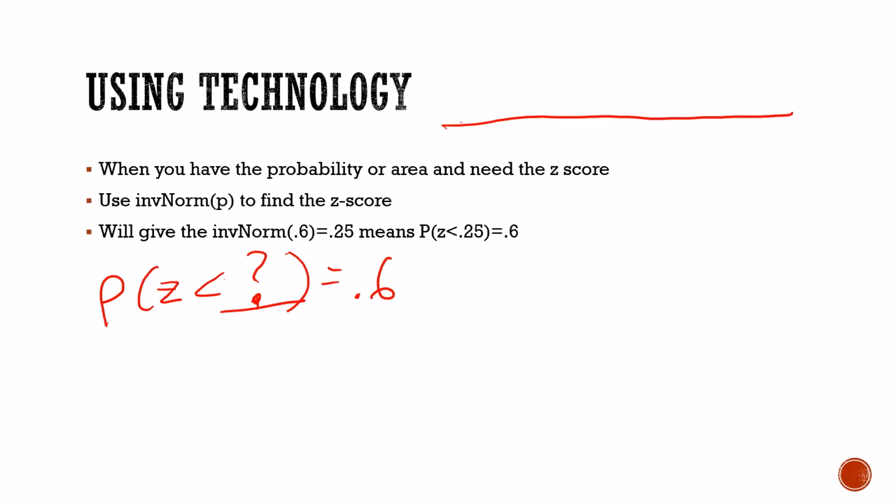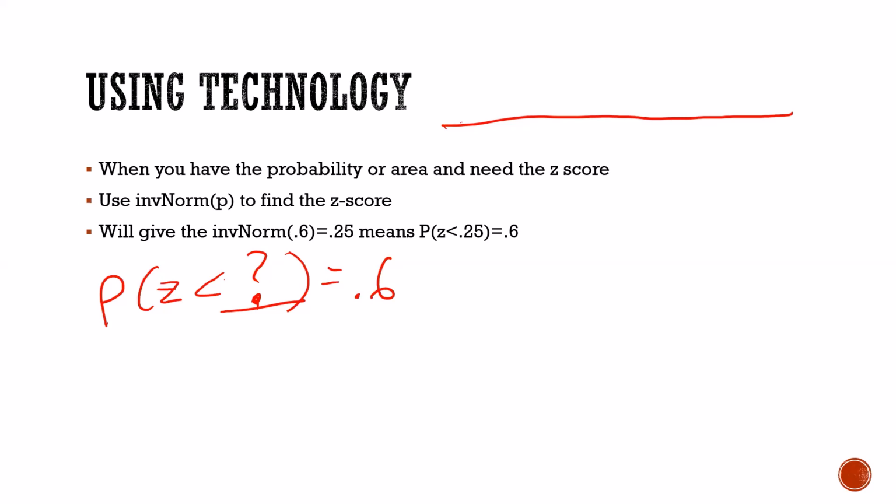Before I hit enter, am I going to get a number that is positive or negative? I want 60% of my area to be to the left of this mysterious z-score. Is it positive or negative? Positive, because it's to the right of the center.